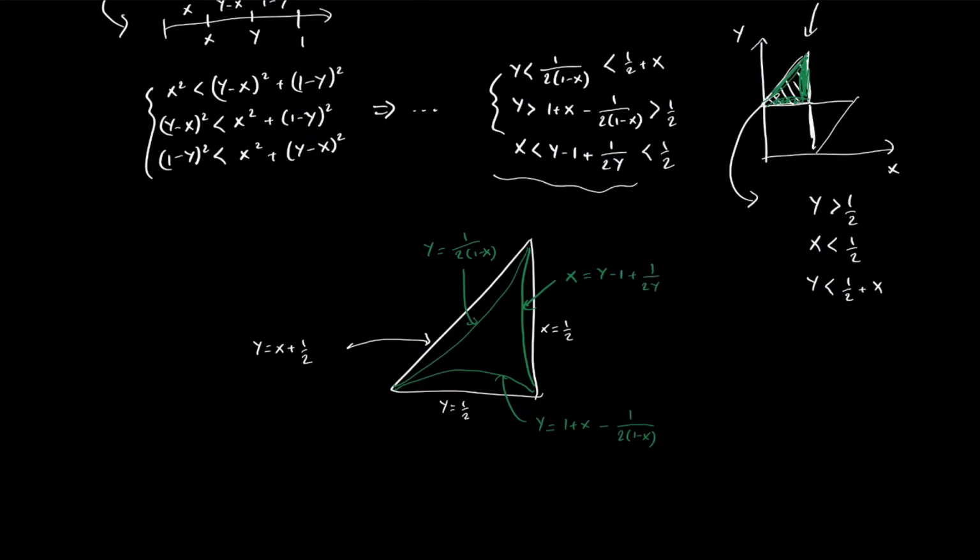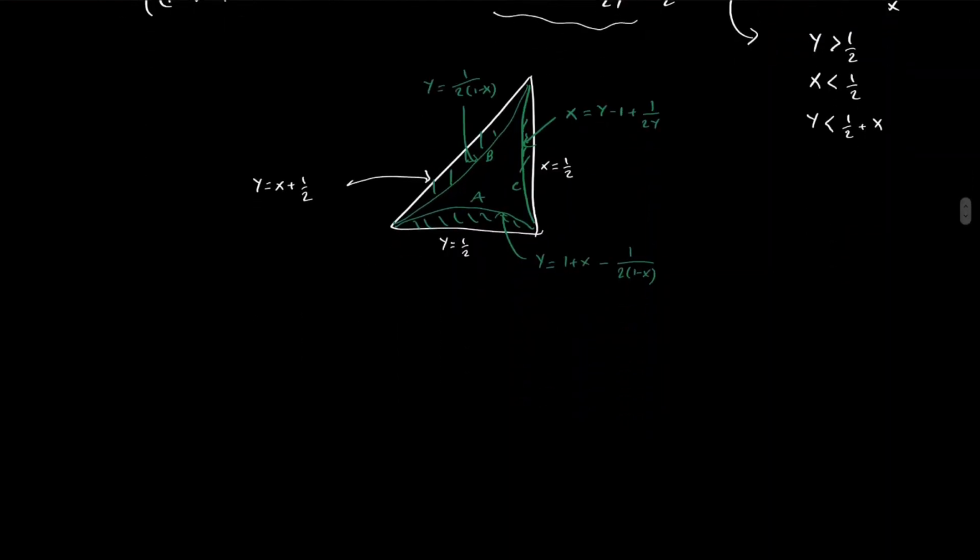And now the goal will be to calculate the area of the regions A, B, and C. And we can see that we can calculate this area by doing an integral. And we have the area A is equal to the integral from x equals 0 to 1/2 of 1/2 plus x minus 1/2 (1 minus x) minus 1/2 dx.